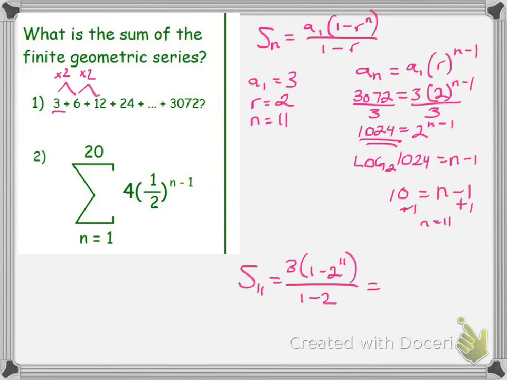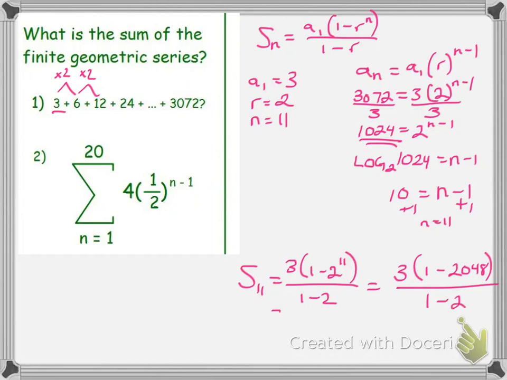From here, it's making sure you do your order of operations first. You have to do parentheses, but inside that parentheses, I had an exponent, so I have to do that first, which is going to be 2048. 2 raised to the 11th is 2048.